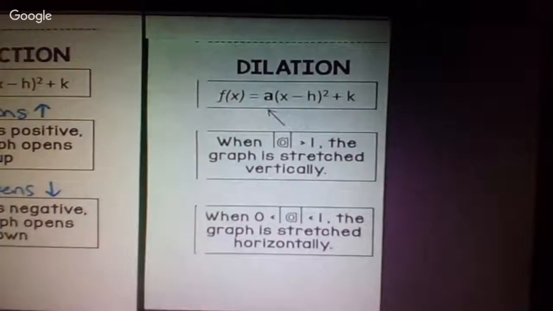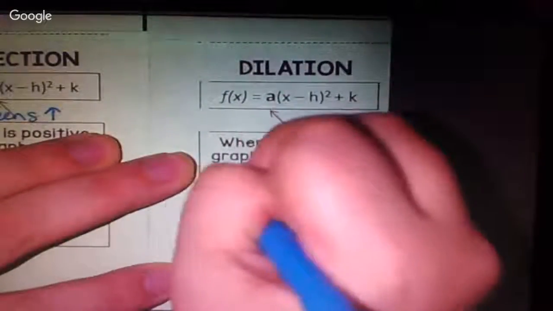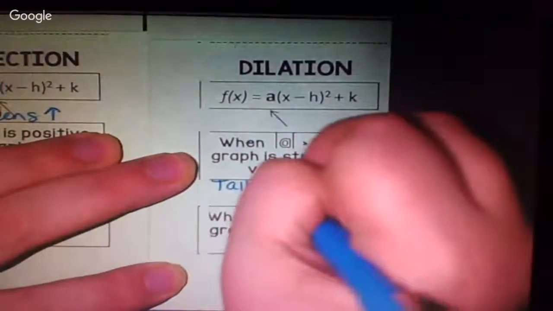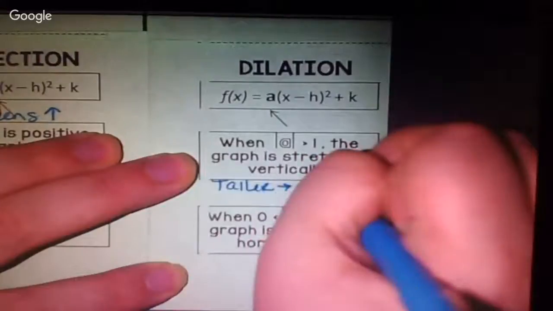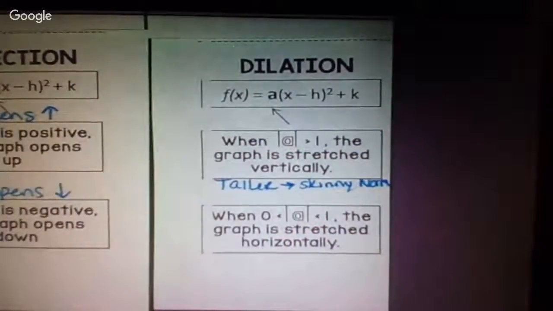So if my A value is greater than 1, the graph is stretched vertically. That means it gets taller. We call this skinny norm. It takes your normal function and makes it skinny.